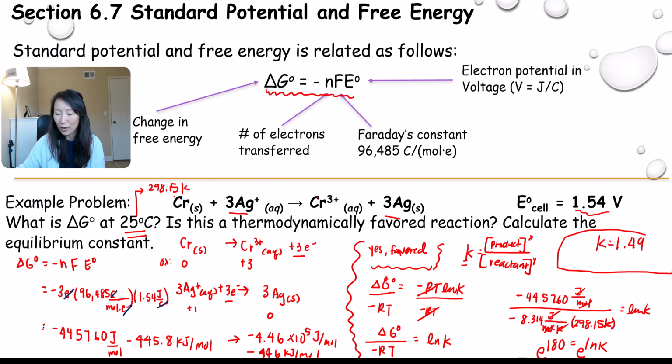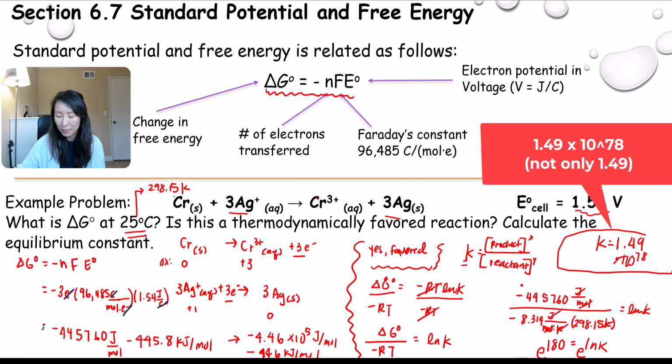And then I forgot one more thing, times 10 to the 78. That would be important. I forgot to put this 10 to the 78, and that's really important, because an equilibrium constant with a really large value lets me know that it drives the reaction. It goes pretty much into completion.